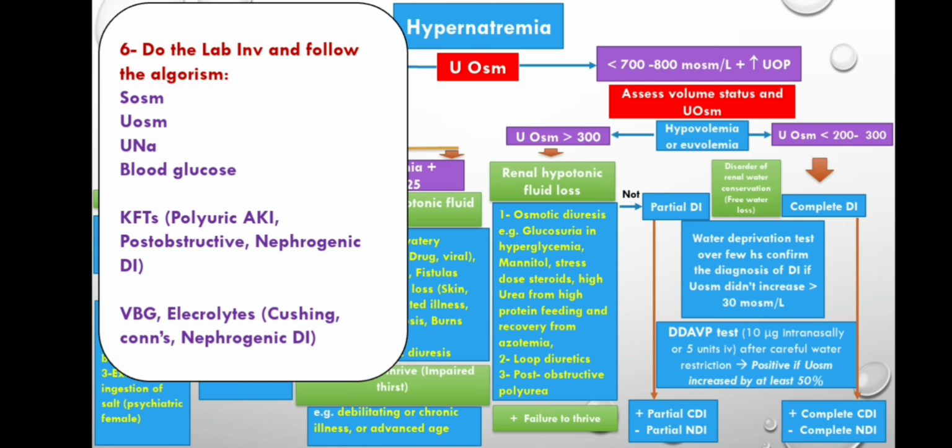And then do labs: serum osmolality, which for sure will be high; urine osmolality, which is very important; urine sodium, which is also very important; blood glucose, which is so important; and KFT in case of polyuric acute kidney injury, post-obstructive polyuria, nephrogenic DI; VBG and electrolytes to catch Cushing, Conn's, I mean hyperaldosteronism, or nephrogenic DI.